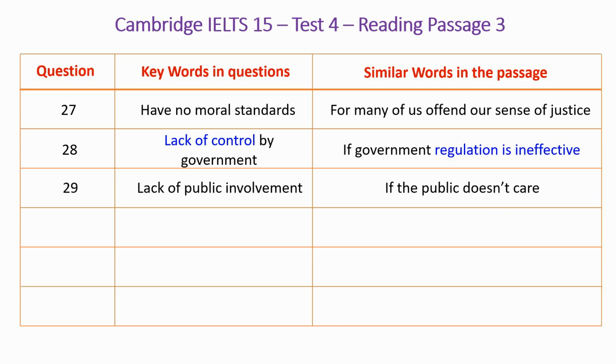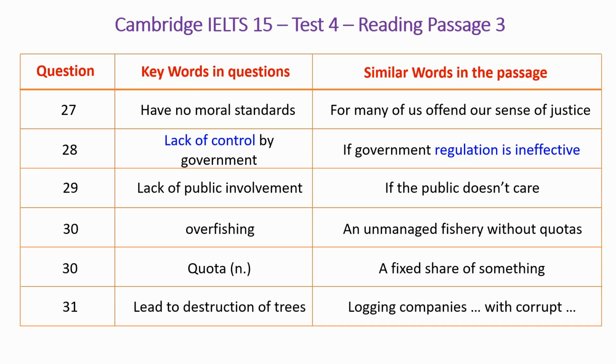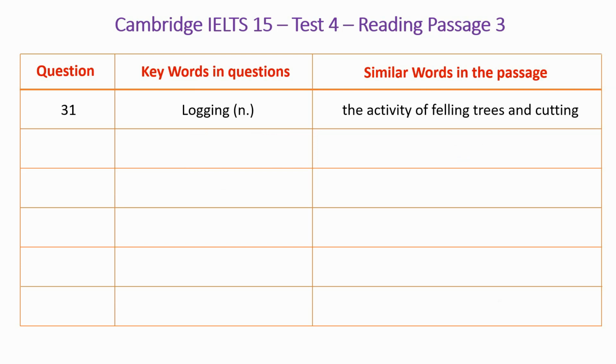Lack of public involvement, if the public doesn't care. Overfishing, an unmanaged fishery without quotas. Quota means a fixed share of something. Lead to destruction of trees. Logging companies with corrupt. Logging, the activity of felling trees and cutting.